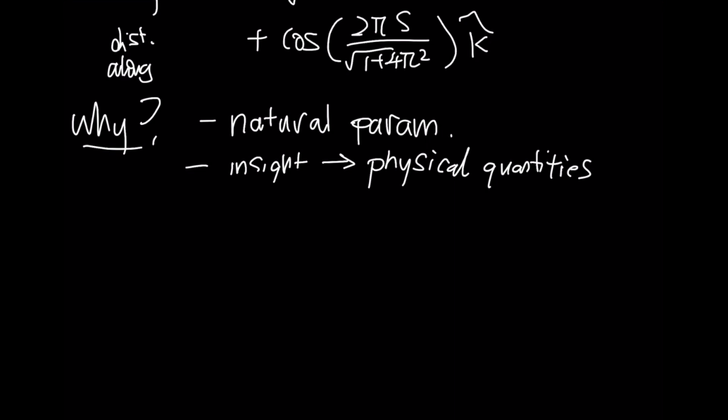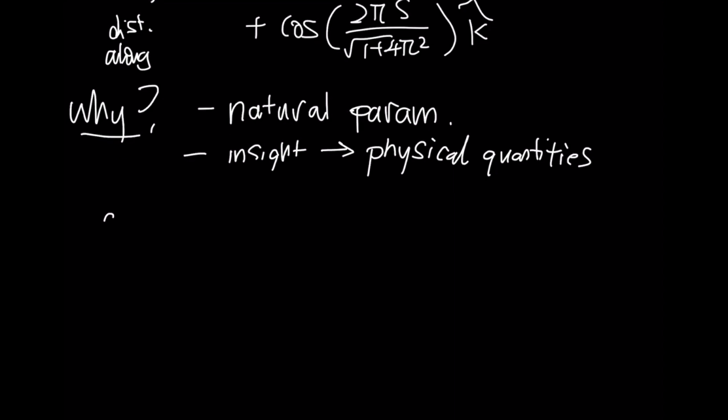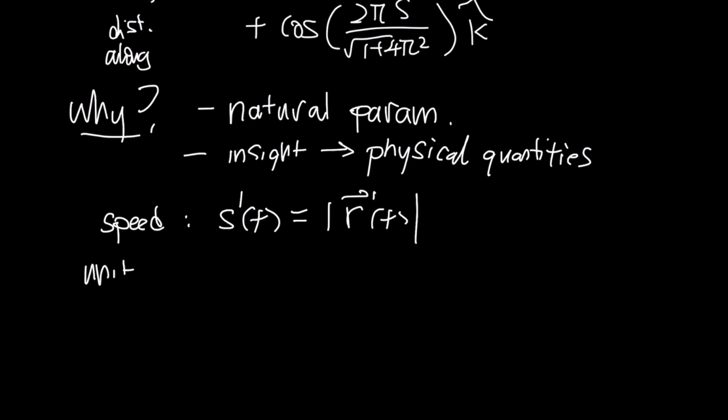Now remember, the speed was given by this new quantity s prime of t, which was just the magnitude of r prime of t like this. The unit tangent vector was defined as r prime of t over the magnitude of r prime of t.